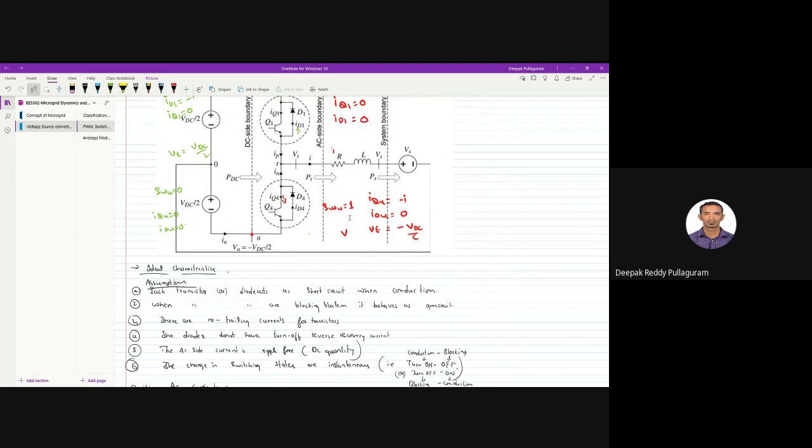VDC into I. So why do we have VDC there? Why don't we have VDC by 2?